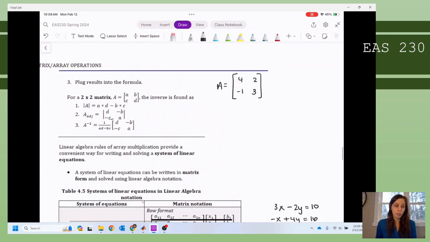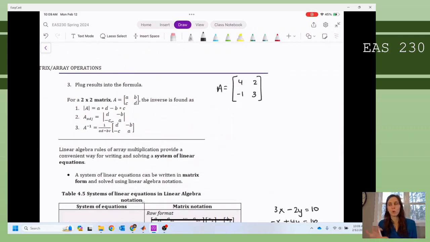So for a 2x2 matrix, we will focus on 2x2s. We will get to bigger matrices later on. But for a 2x2, here are our steps. To find the determinant of a 2x2, we take A times D minus B times C, where A and D are the elements along the main diagonal, and B and C are the elements on my other diagonal.